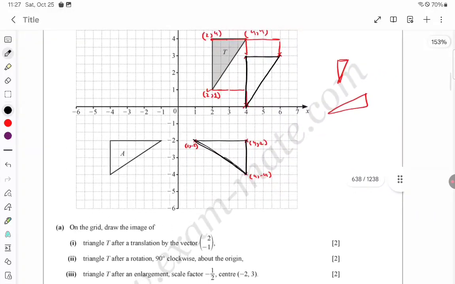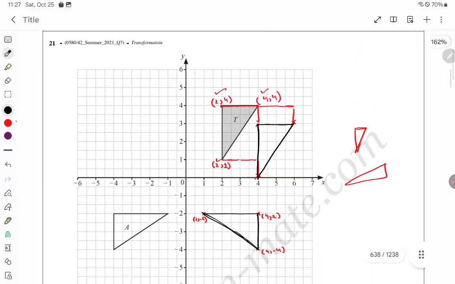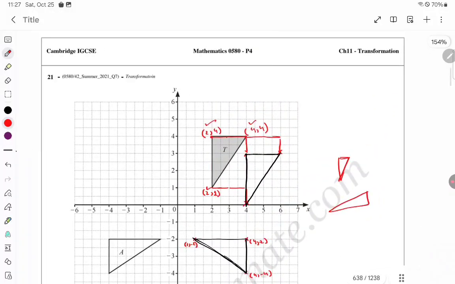Now in the third part, triangle T after an enlargement scale factor negative of half, center is given. First we have to mark the center, which is negative 2 comma 3. This is our negative 2 and this is our 3. Mark the center.